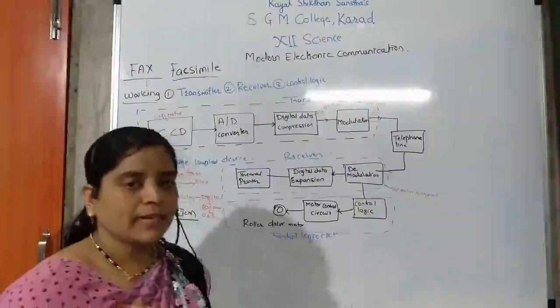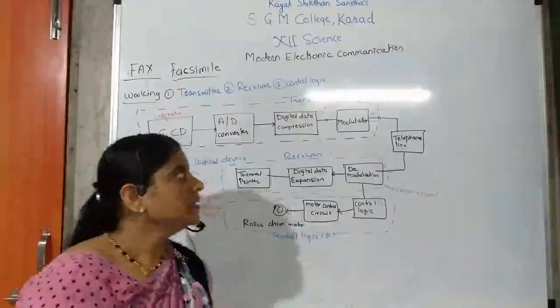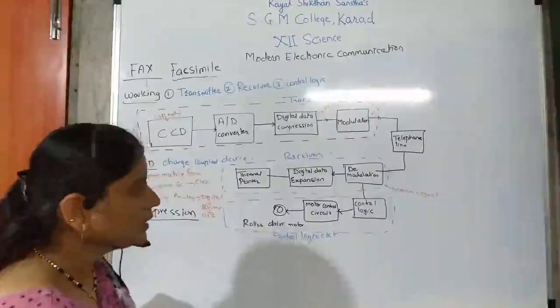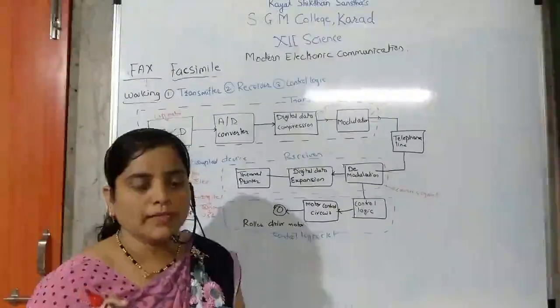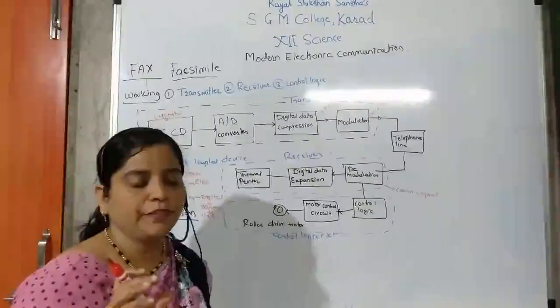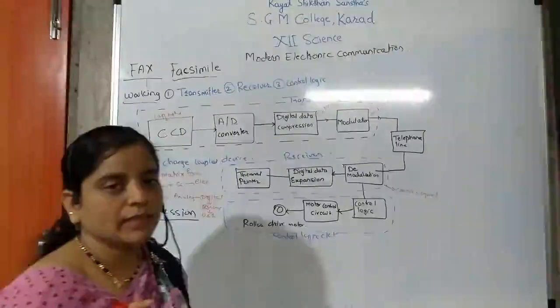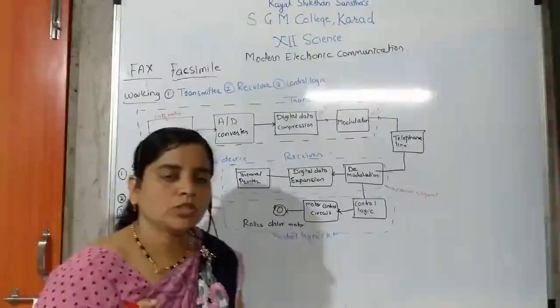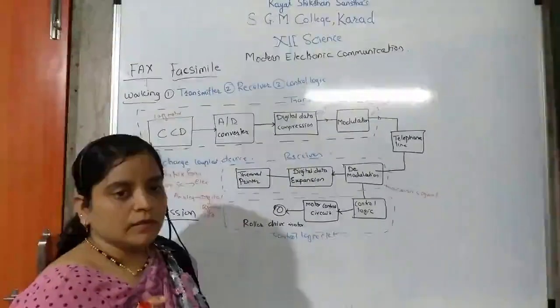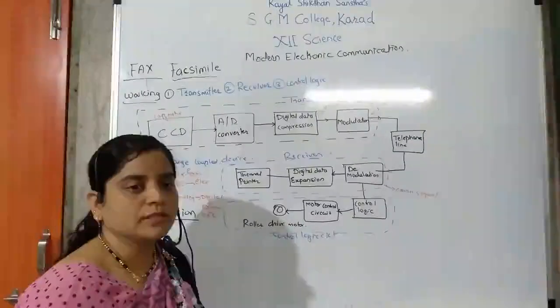So the VLSI technique is nothing but an electronic technique where data can be compressed. Data compressed means data is reduced; a few bits are reduced and it requires less storage. Okay, so this is sent to the modulation.